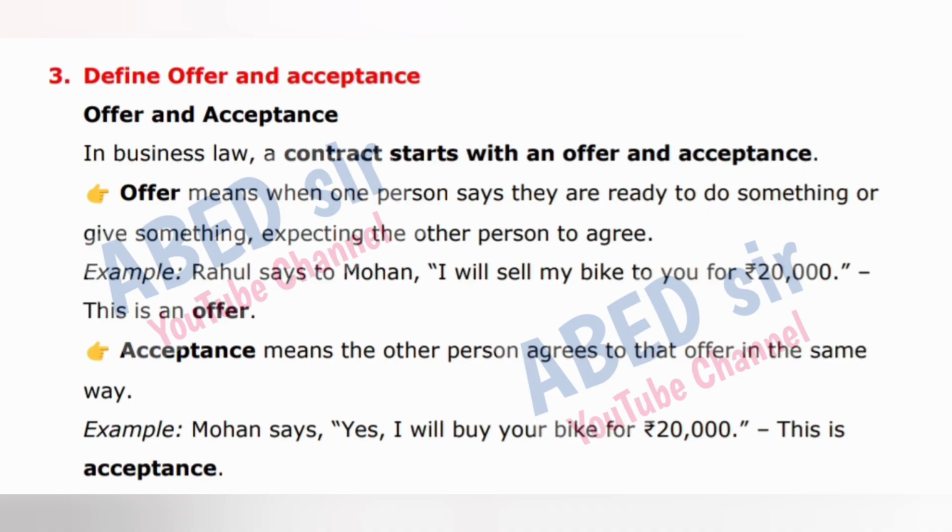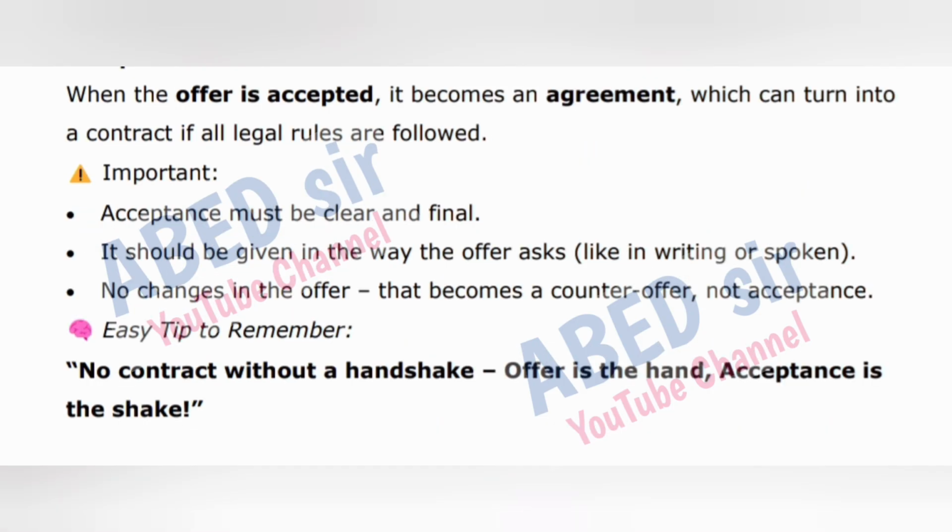This is an offer. Acceptance means the other person agrees to that offer in the same way. Example: Mohan says, "Yes, I will buy your bike for 20,000 rupees." This is acceptance. When the offer is accepted, it becomes an agreement, which can turn into a contract if all legal rules are followed.